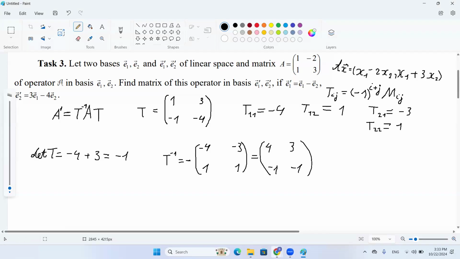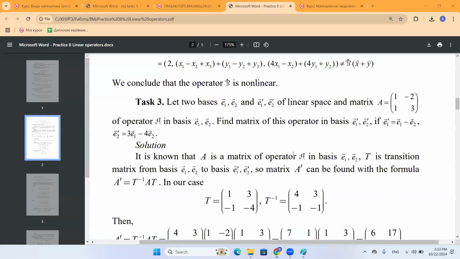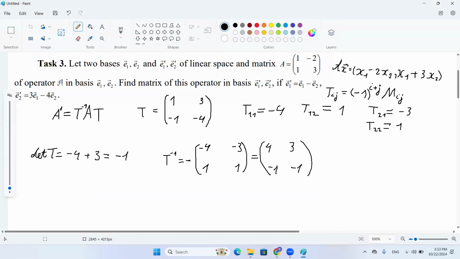So here is our matrix. But let's also verify. Yeah, so it's correct. So 1, 3, minus 1. Yeah, everything is okay.